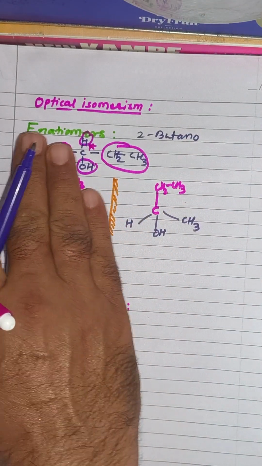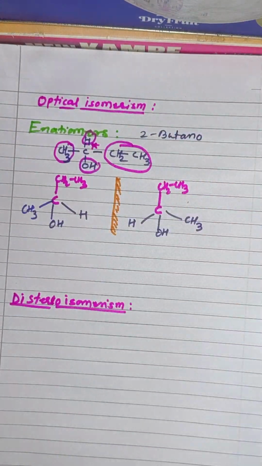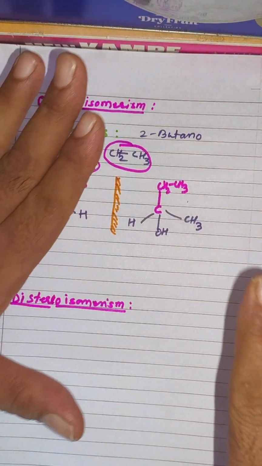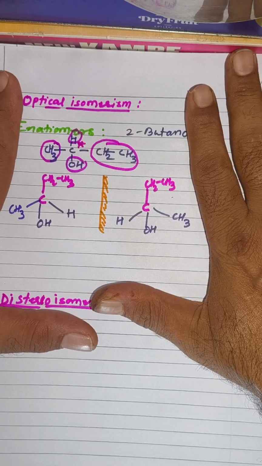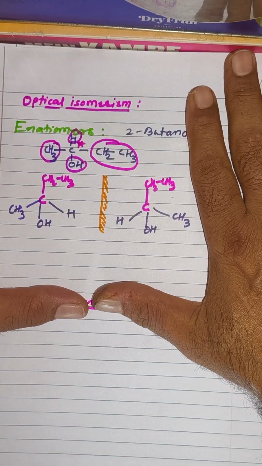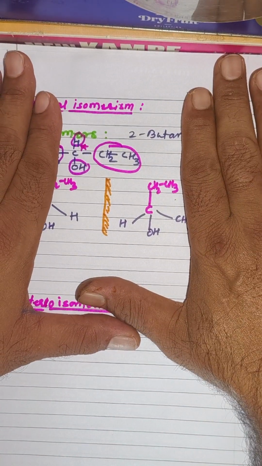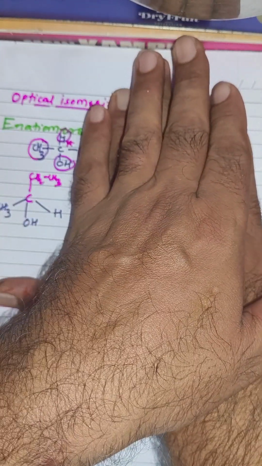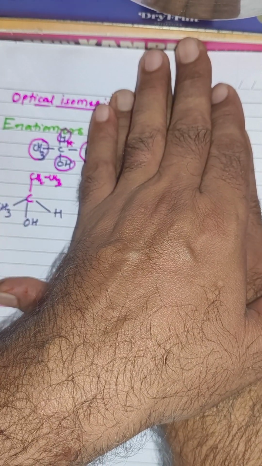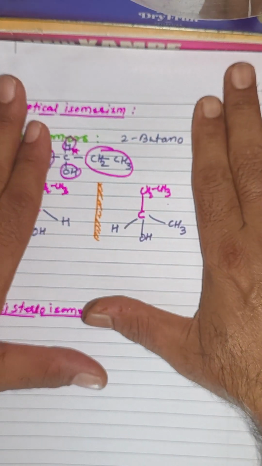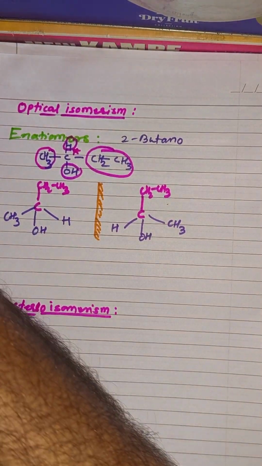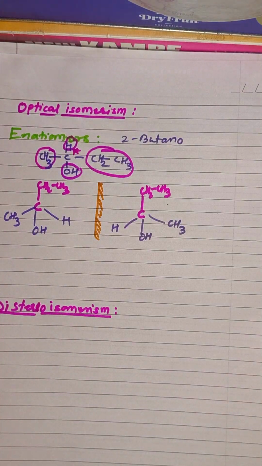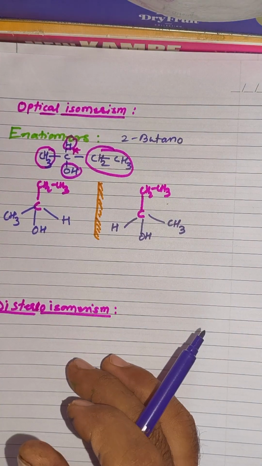If I take this and put it as it is here, they are not superimposed. Like my two palms: this is my one palm and this is my other palm. They are mirror images of each other, but if I put one on the other, they are non-superimposable. So non-superimposable mirror images are called enantiomers.